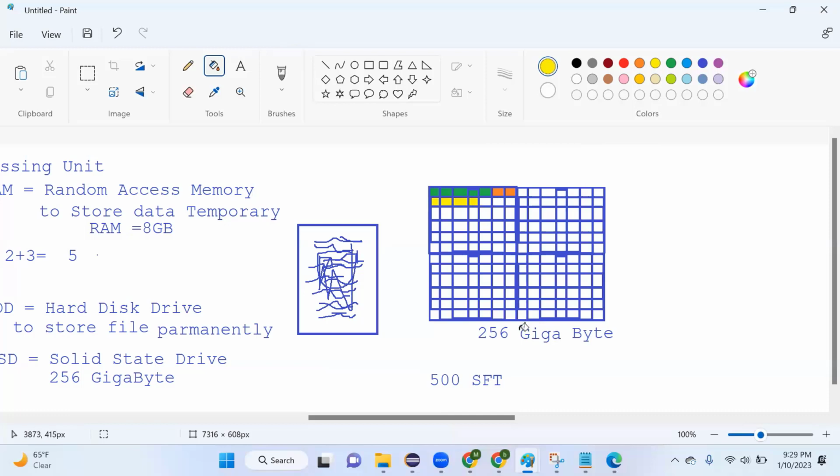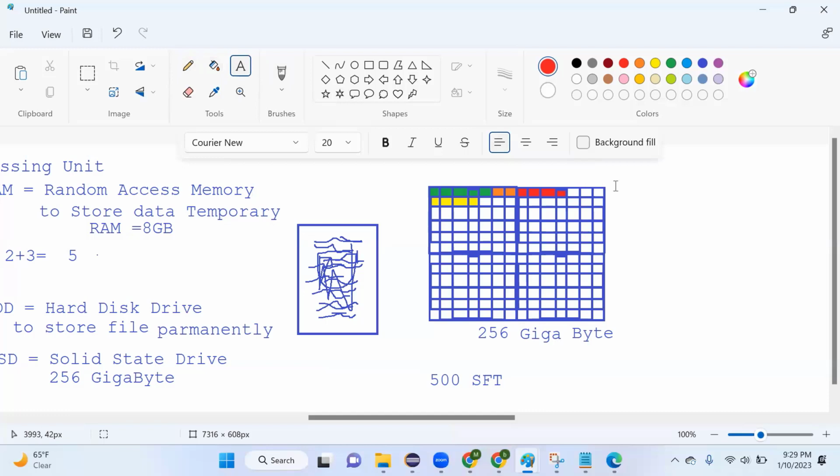And 256 gigabyte means you have 256 spots, I mean, this kind of square. This is one square. It is 1 byte. It is another byte.